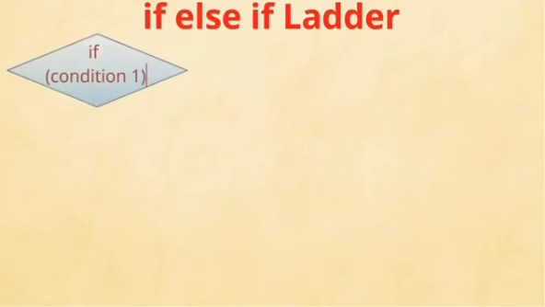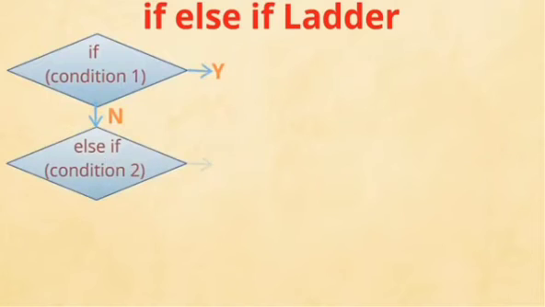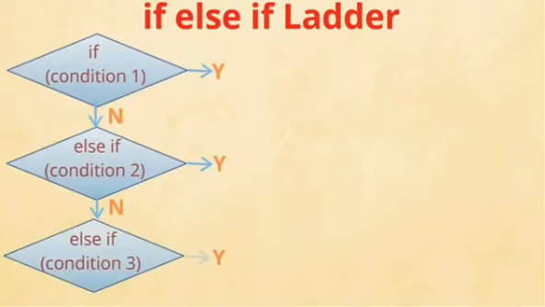Next one is the if-else if statement, or if-else if ladder. It is also a logical situation in which more than two actions are performed depending upon the conditions, with the keyword else if.